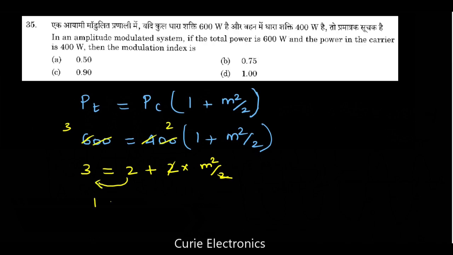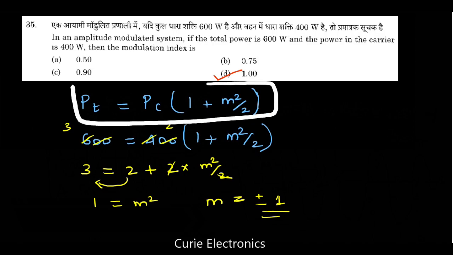So 1 equals M square. That means M equals plus or minus 1, but we will take plus only here. So we have answer option D, 1. The modulation index equals 1. So from here you should know the total power equation of AM.